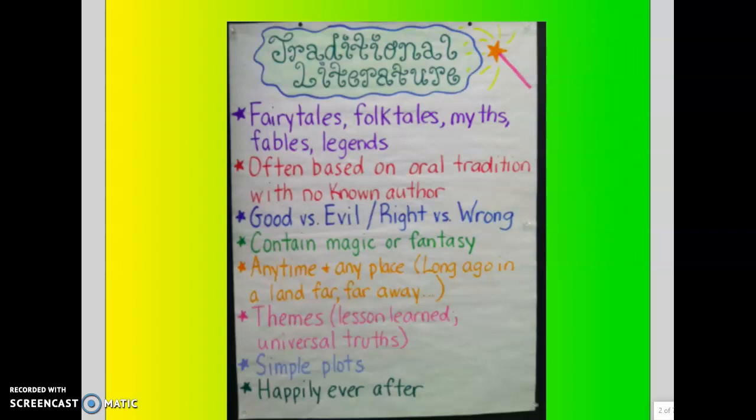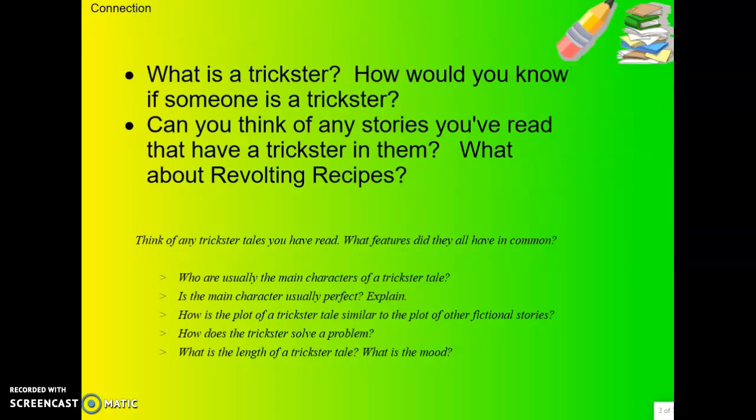So we're going to get started today on Trickster Tales. Does anybody know what a trickster is? And how would you know if someone is a trickster? Can you think of any stories you've read that have a trickster in them? Think back to that revolting recipes story we did, where the bully was always tricking him into getting his sandwich every day.